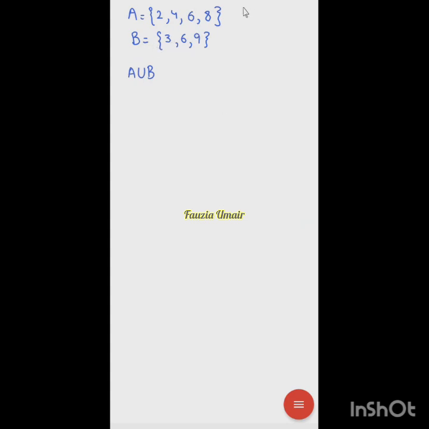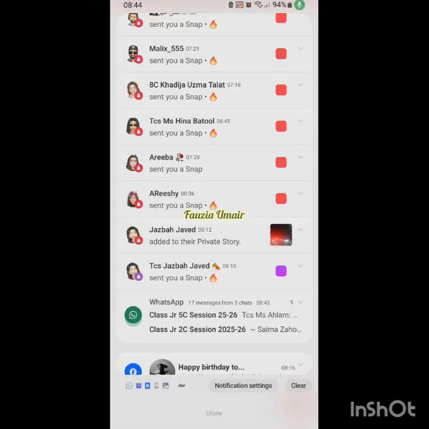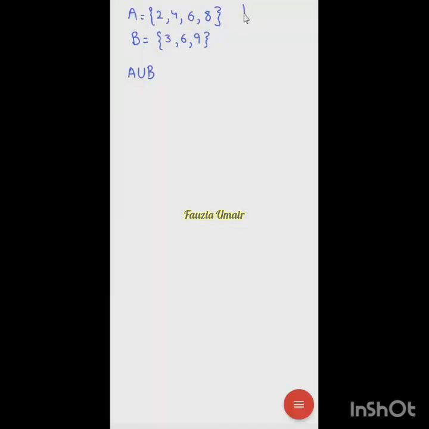What are the three different types of Venn diagrams we know? The first type is called overlapping sets, when there are some common elements between the two sets, but the sets have their own elements as well.